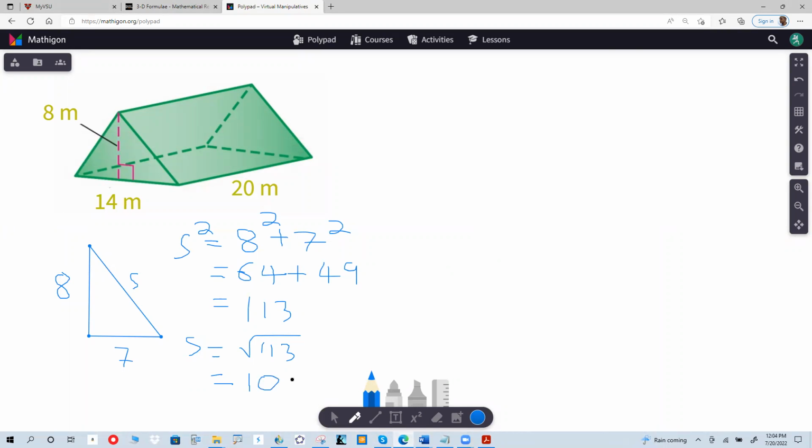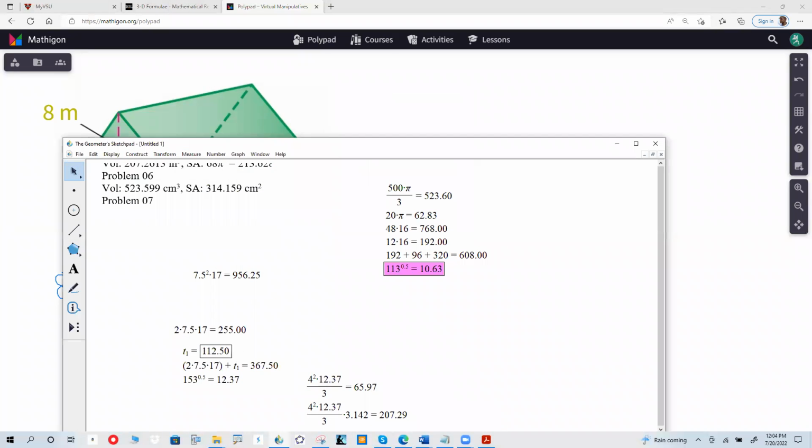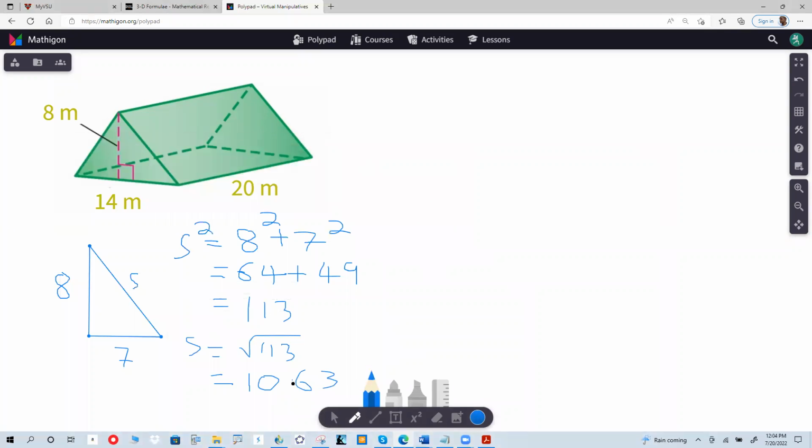What decimal place would you take on the exam? 2 would be nice. I'm not going to take off points. 10.63. Okay, so what did we get, guys? We got this edge is 10.63.